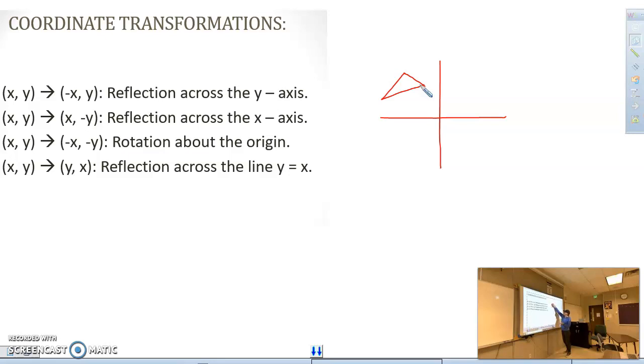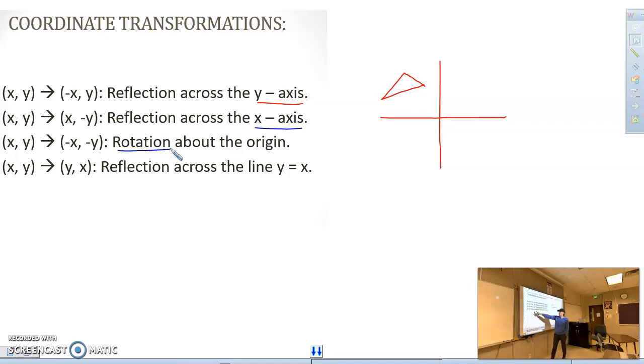So that is a reflection across the y-axis. If you think about changing the y values, if I take this shape and change all the y values from positive to negative, I'm reflecting over the x-axis. And as I just talked about, if you do both of those things, a double reflection is actually equivalent to a rotation.